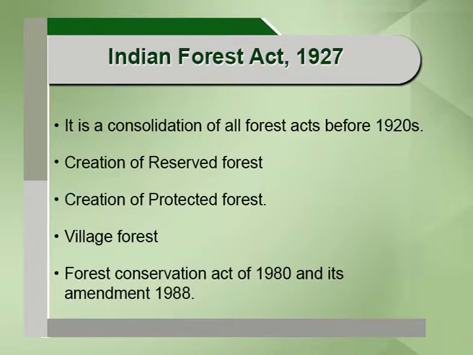That means prior to the 1920s there were laws, legislations as well as policies, but all of those were consolidated into this Indian Forest Act, and it has the provision for the creation of reserved forests. This act has given power to the central government as well as the forest departments to create a reserved forest.